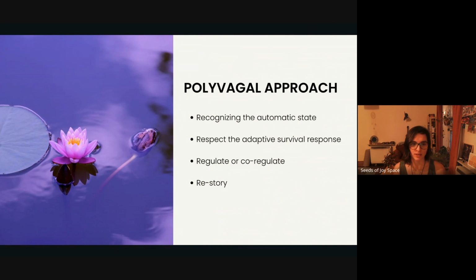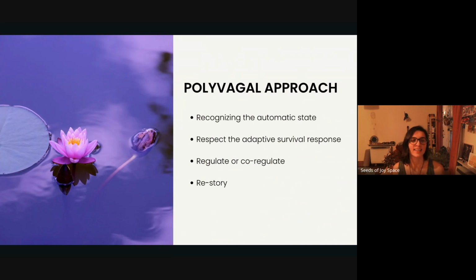And then the next thing would be to regulate or co-regulate. So maybe look at the resource list that we created, and do something to regulate or co-regulate, to move into this state of connection, the ventral, the state of rest and digest.